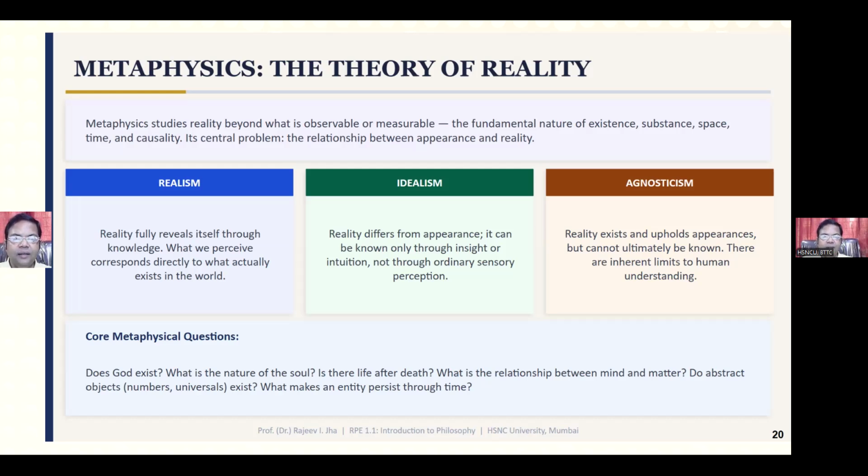For researchers, every research design carries metaphysical assumptions. A sociologist who studies social structures as real entities is making a realist metaphysical claim that structures exist independently of the individuals who inhabit them.